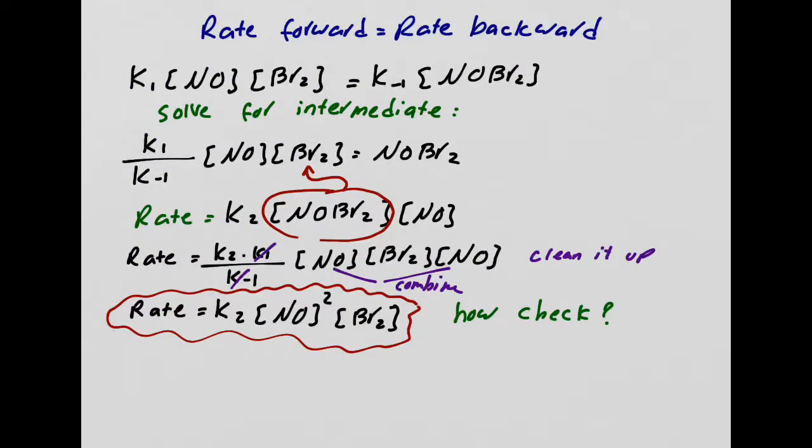I actually looked it up, and the experimental rate law does match the theoretical rate law. And when the experimental matches the theoretical, we are good. That means it was a good proposed mechanism.